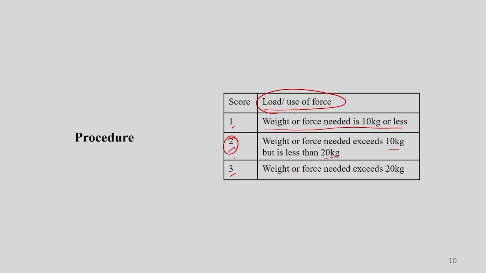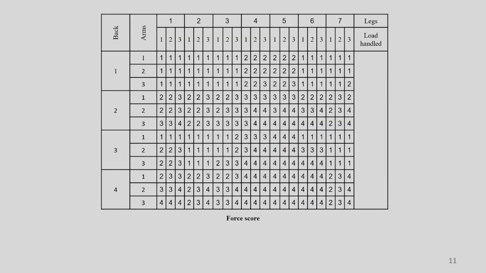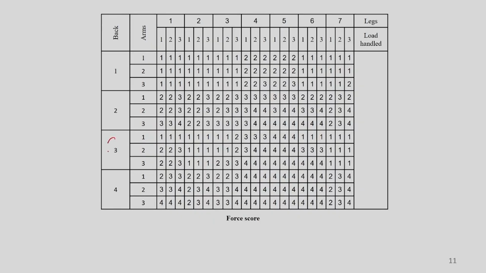So if this is your combination, let us understand how your posture will look. Okay, so back was 3, so your observation is on this particular portion. Now your arm was 2, so again your observation is restricted to this particular sector.